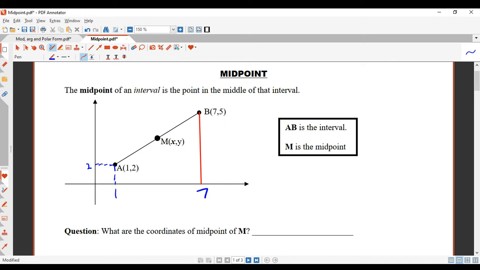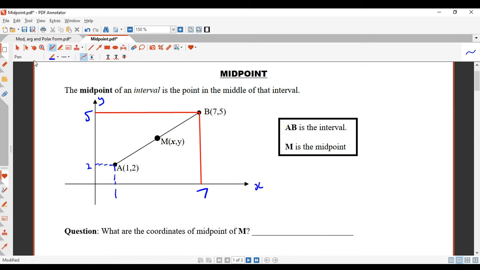There we go. And then if I draw a horizontal line, that's going to be 5, isn't it, on the y-axis? So there's the y-axis and here's the x-axis.